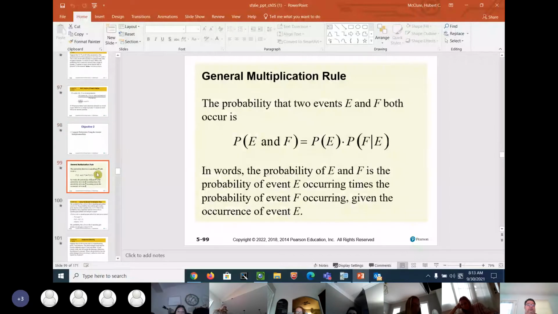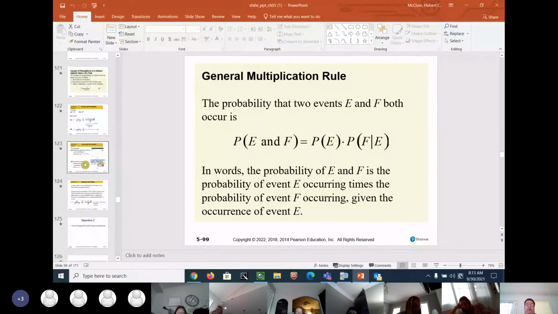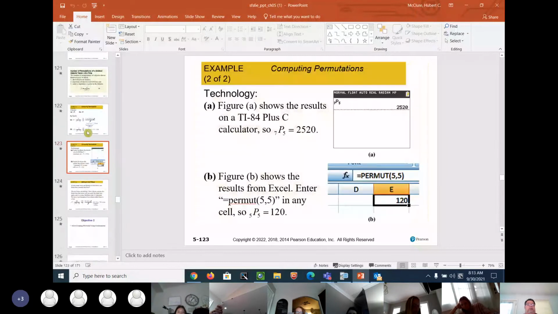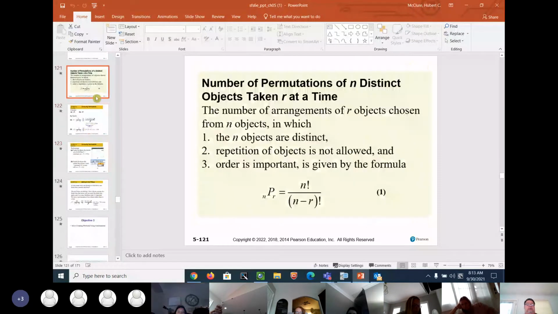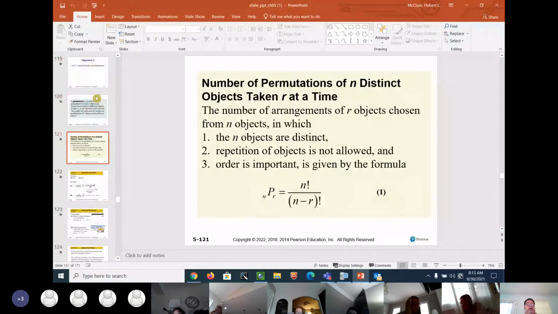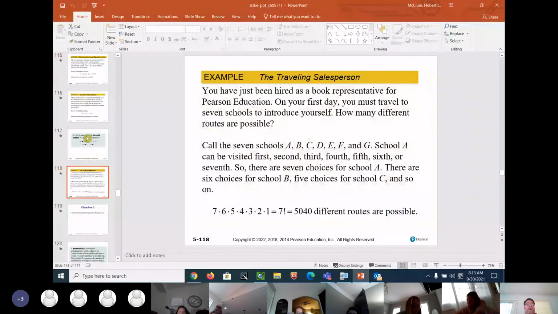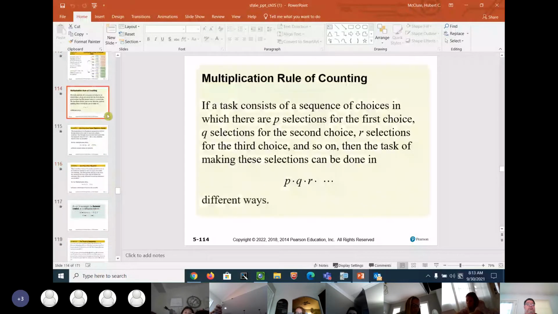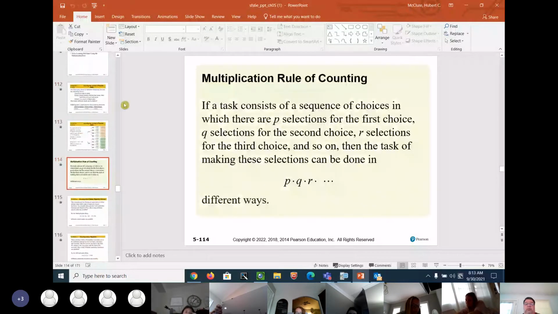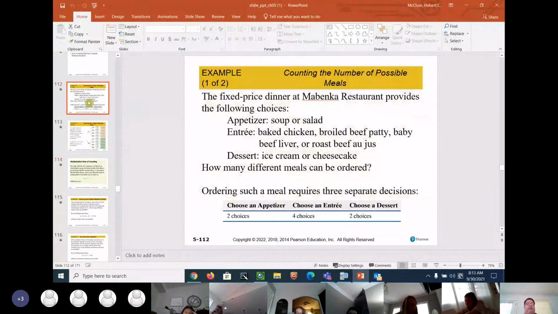No, that's the multiplication rule. Okay, there's permutation right there. And I do permutation, I do combination first. There's factorial. Okay, must be meals. Let's see if they do the meals or the flags. Okay, they do the meal.